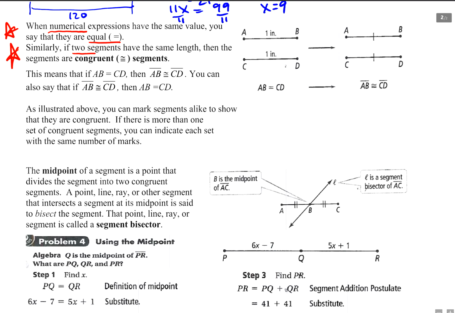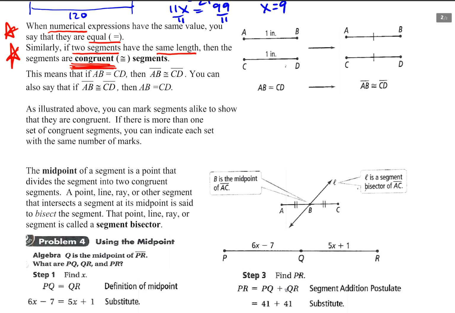If two segments have the same length, then we say that those segments are congruent. And this is the word for the day, congruent. We are going to use this word more than you would ever think possible.